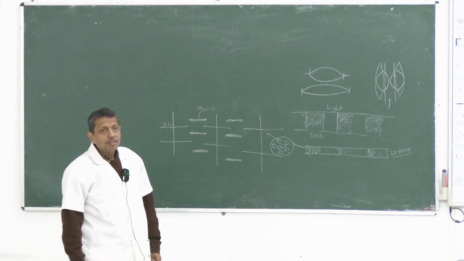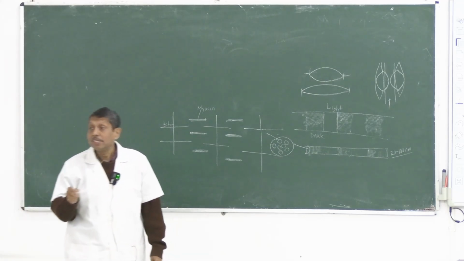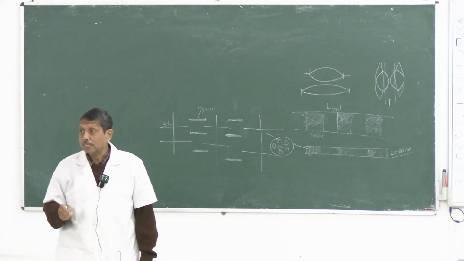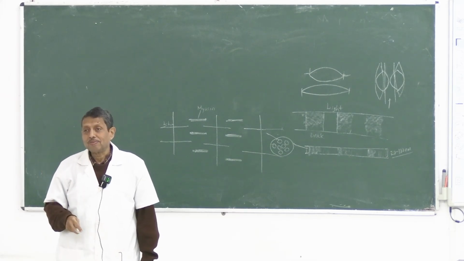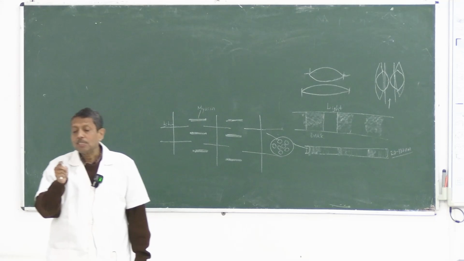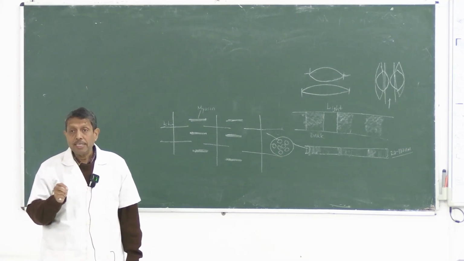Myosin molecules, they are aggregation of this. These myosin molecules are heterohexamers. I am coming one by one. Heterohexamer. It consists of 4 light chains and 2 identical heavy chains.